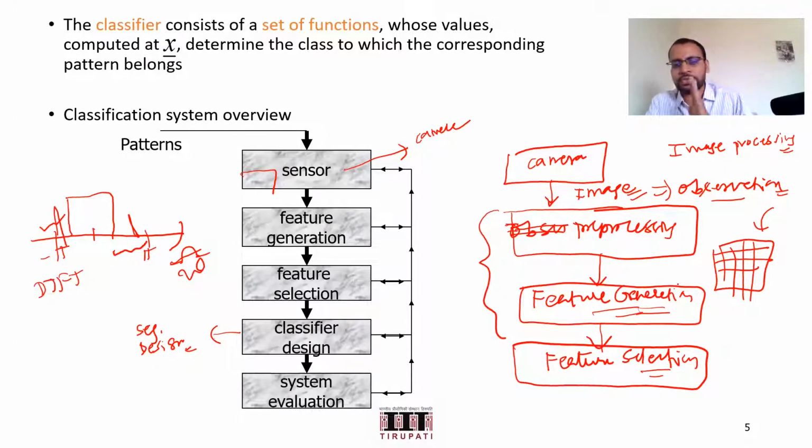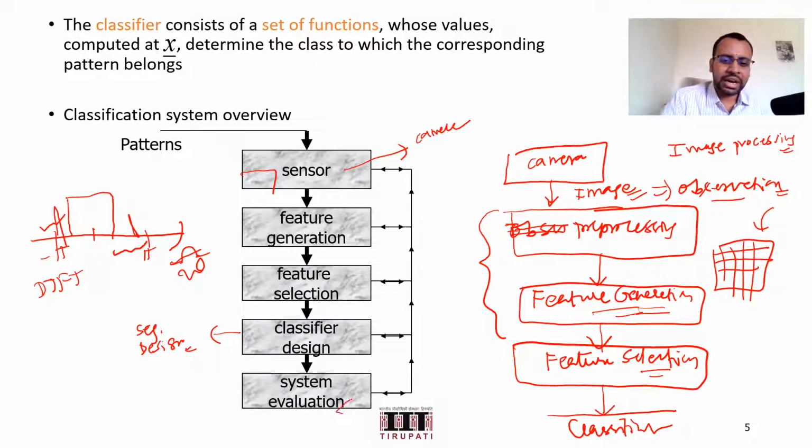And of course, there are ways by which you could eliminate some features, where you figure out that they are not very important. That is where you have feature selection, and finally here comes your classification module or segmentation module or whatever.